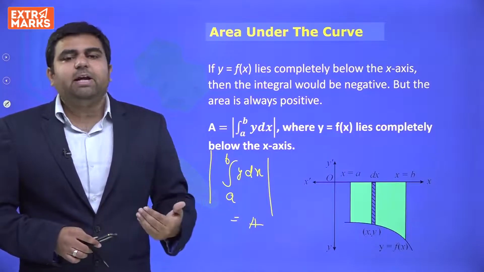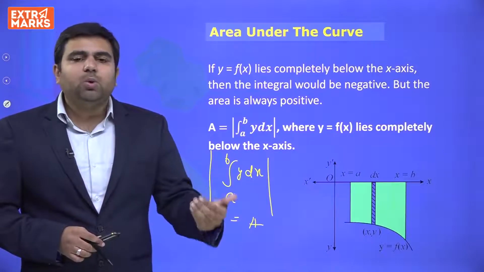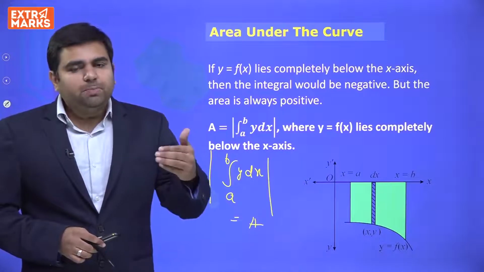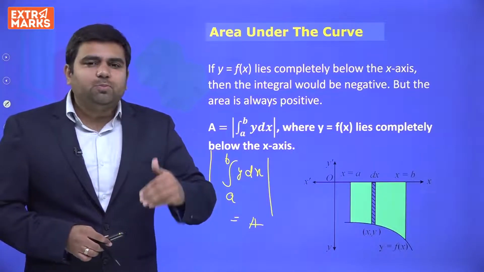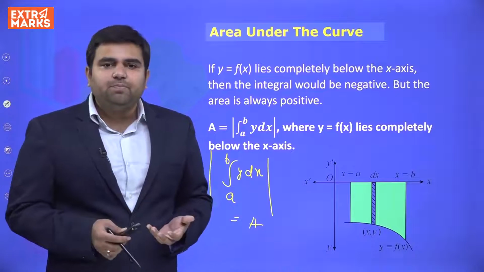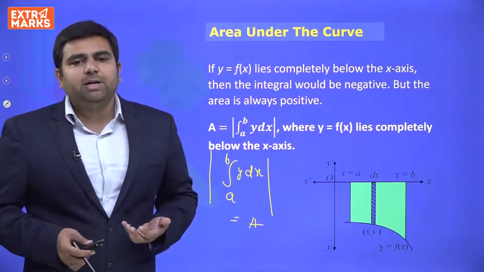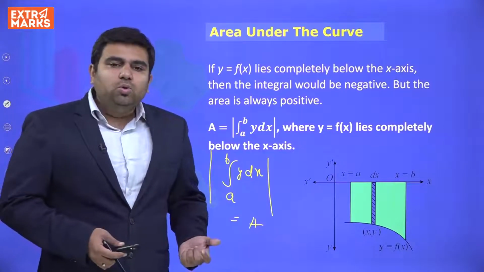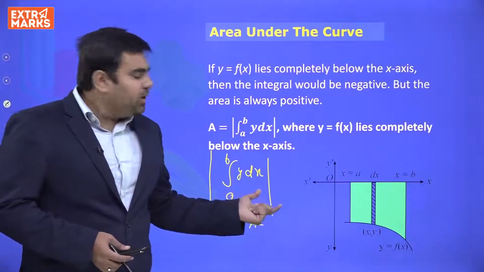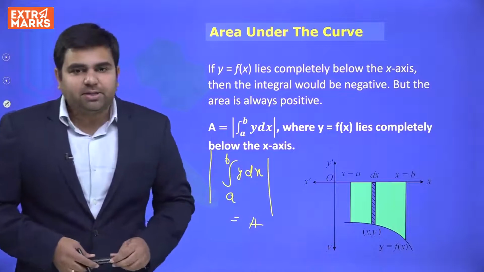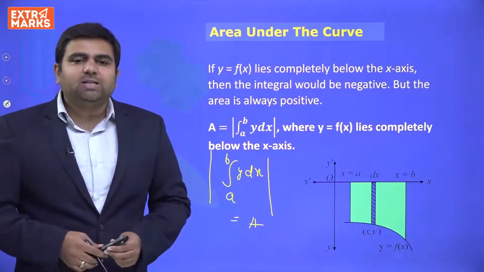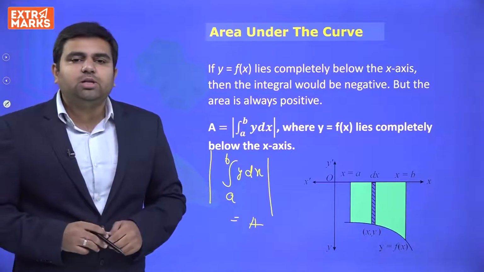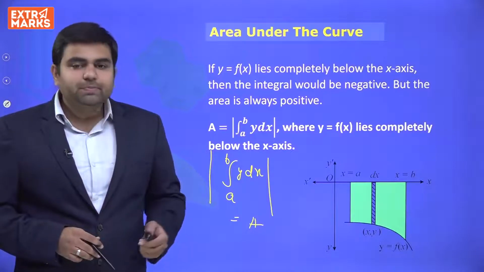If you simply integrate that portion from x equal to a to x equal to b, it will come out negative, and area is never negative. Therefore, we apply the modulus to the portion of the curve going below the x-axis. This is the second case, and it is really important to understand.